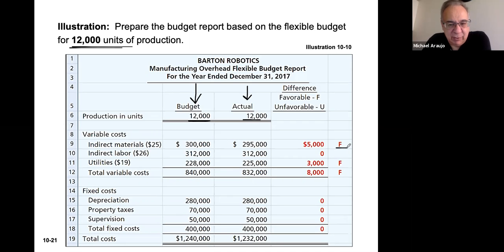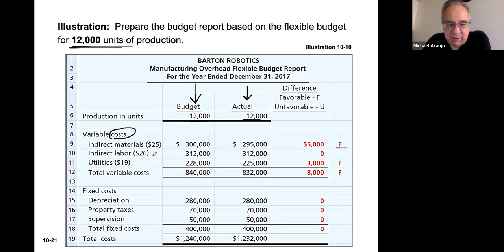And so that's a favorable difference because we saved money for the company. Remember, when we look at costs, if we're under budget, it's a good thing. It's a favorable outcome. The previous budget we looked at, favorable was sales. With sales, you want to make more than what you budgeted. Here it is costs, so you want to do less.